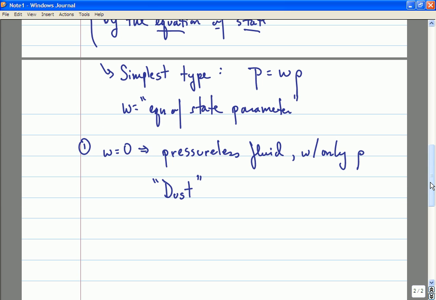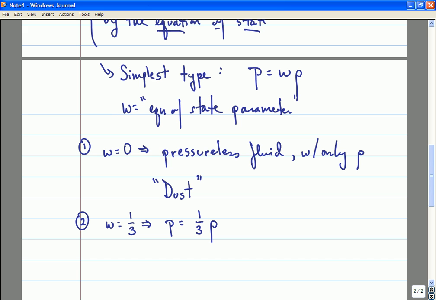Now, you might then ask, what sort of materials do you know of which have an energy density, and have a pressure density in addition to an energy density? Well, the other simple example that you know about is a material which has W equals 1/3, i.e. a pressure which is equal to 1/3 the energy density.